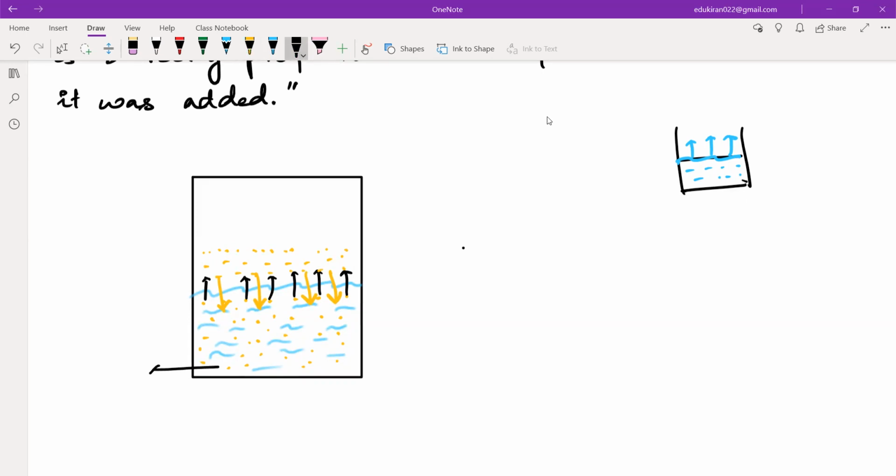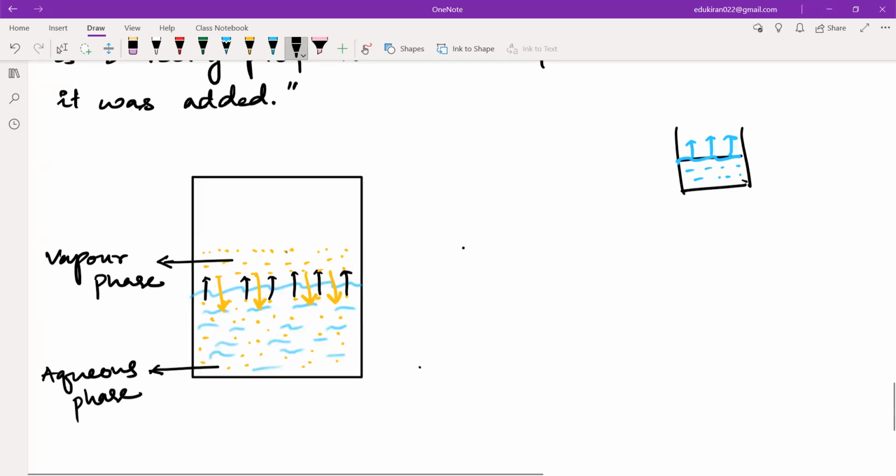Here we have solute, these are in aqueous phase, and this is in vapor phase.